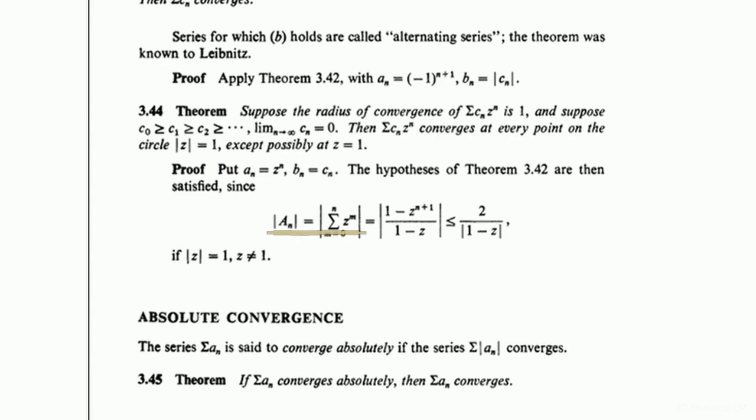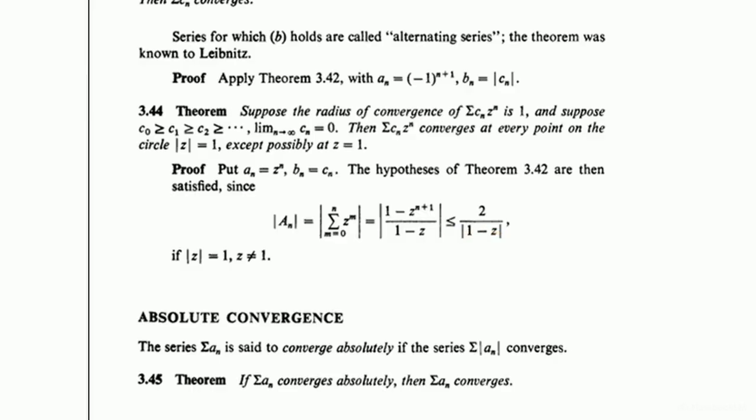We use a geometric series substitution. Evaluating the sum of z to the power of k yields a fraction. Taking the absolute value of that result shows that our partial sum, capital A sub n, is strictly bounded by 2 over the absolute value of 1 minus z, provided z does not equal 1.